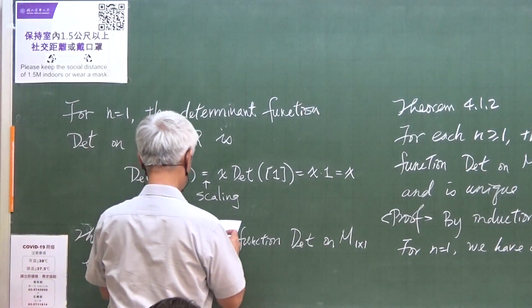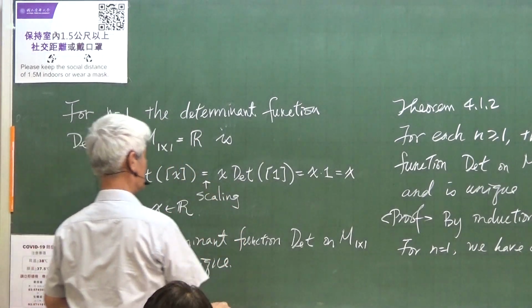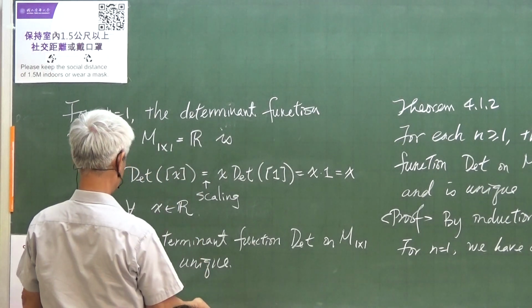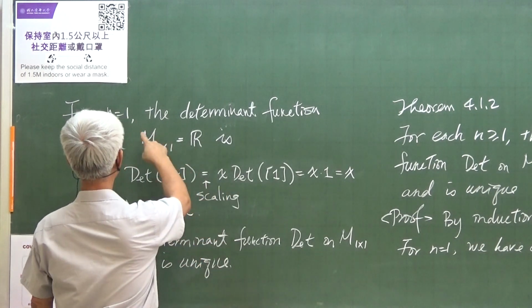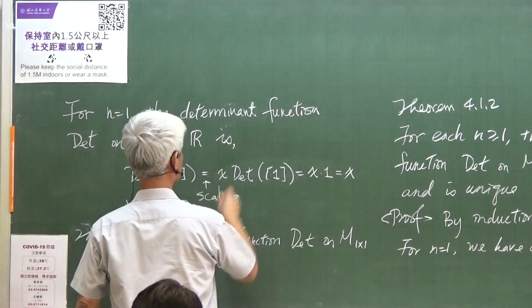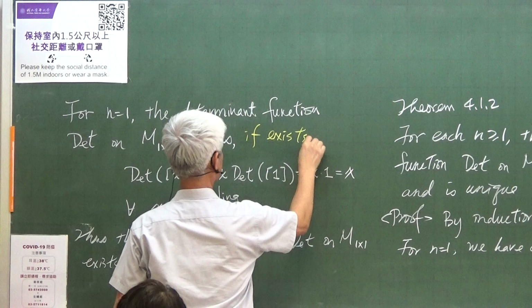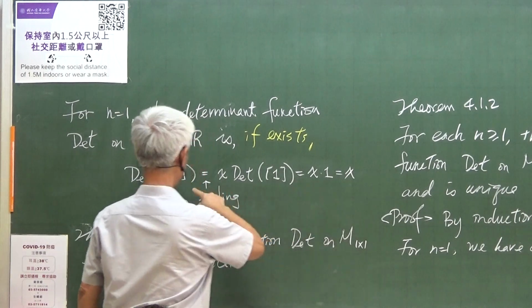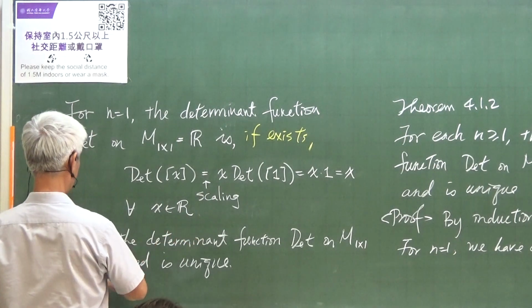The scaling property gives us that, if the determinant function exists, it should be this matrix, and I think I have to sample.